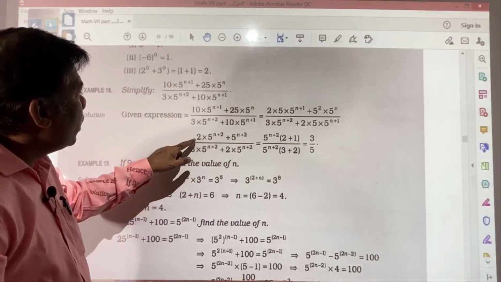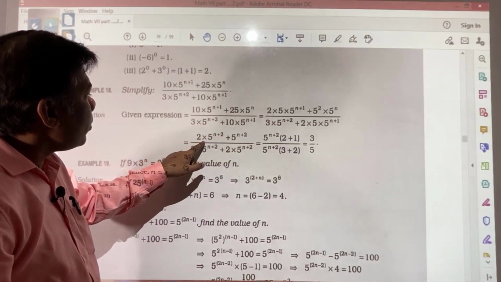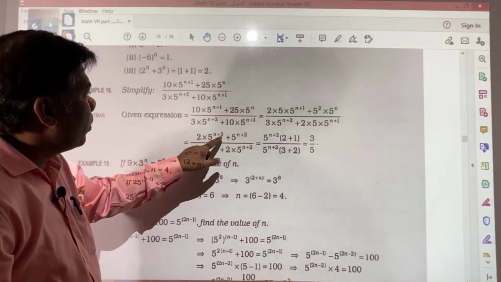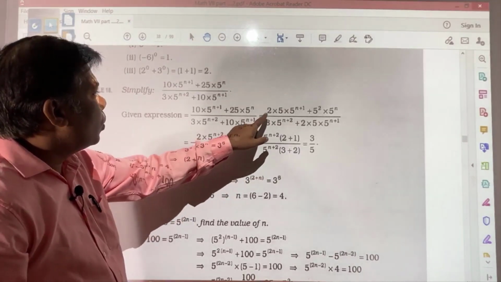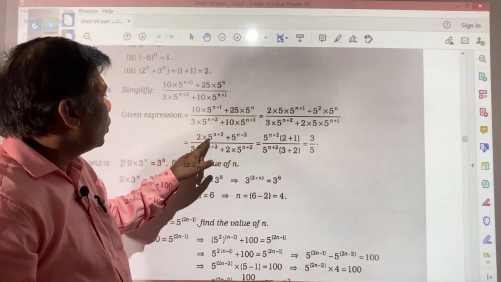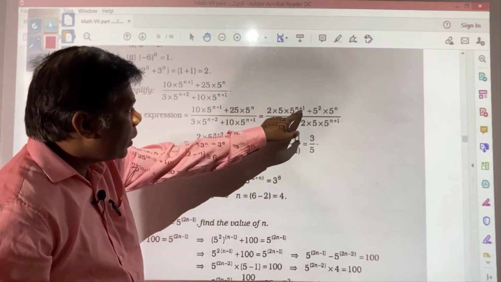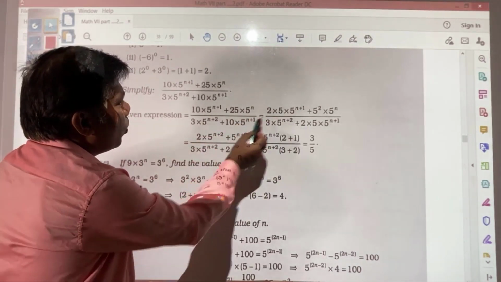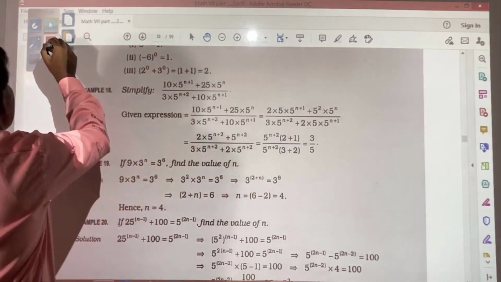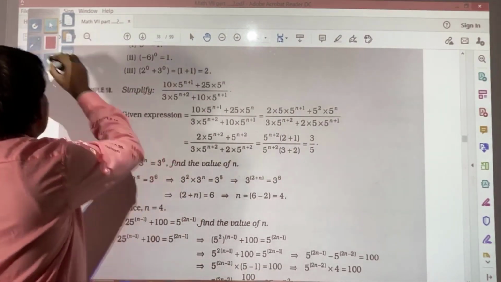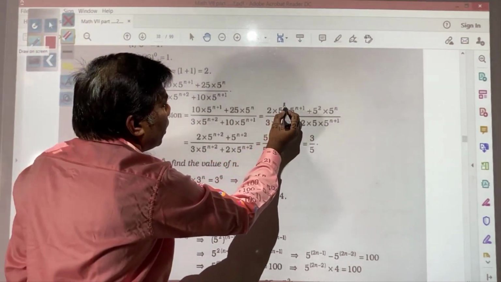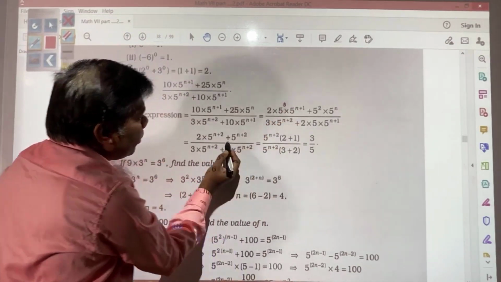Now here you see 2 into 5 to the power n plus 1. What you had, this became 2 because here 1 you have, this one and this one has become 2.